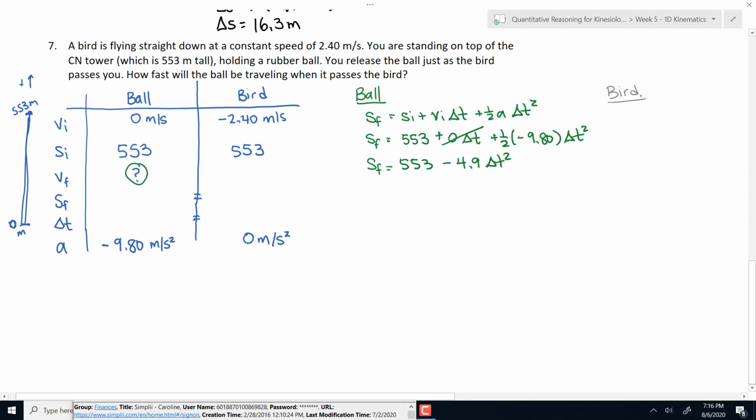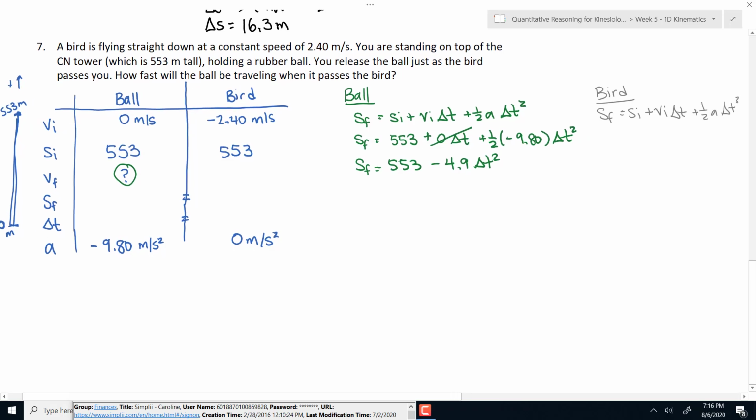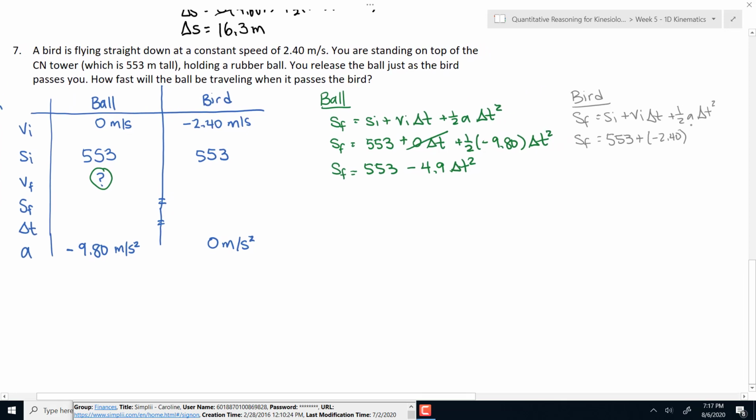So for the bird, we're going to use the same formula. SF equals S initial plus V initial delta T plus 1/2 A delta T squared. We'll plug in what we know. So SF is equal to S initial for the bird is 553 plus V initial for the bird is negative 2.40 delta T, we don't know, plus 1/2.